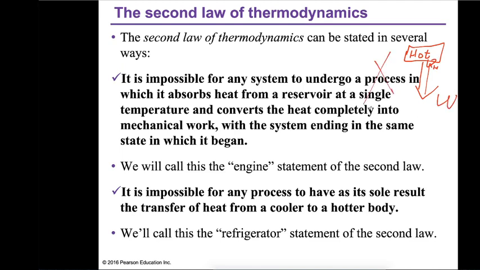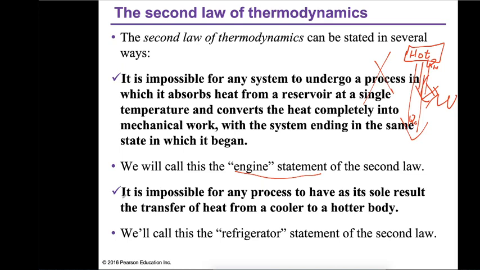When you want to convert some heat into work, it always wastes some heat from QH to QC, and meanwhile you can do some work. So you cannot perfectly convert the heat into work, 100%. We call this the engine statement of the second law.